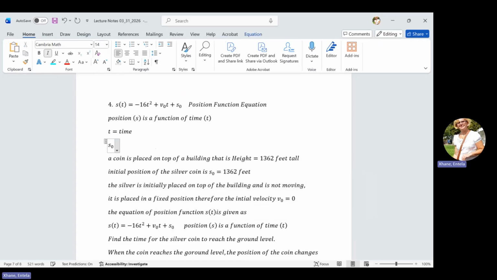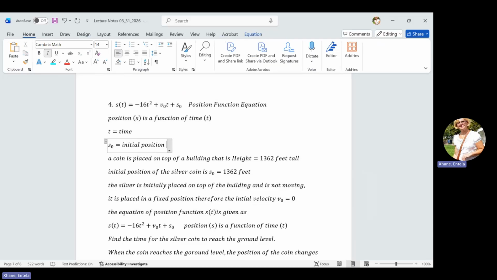So let's say you have an object. You have to pay attention to the language of the application, where this object is placed. If it is placed on the ground level, then the position of that object with respect to ground level is 0 because it is on the ground level.